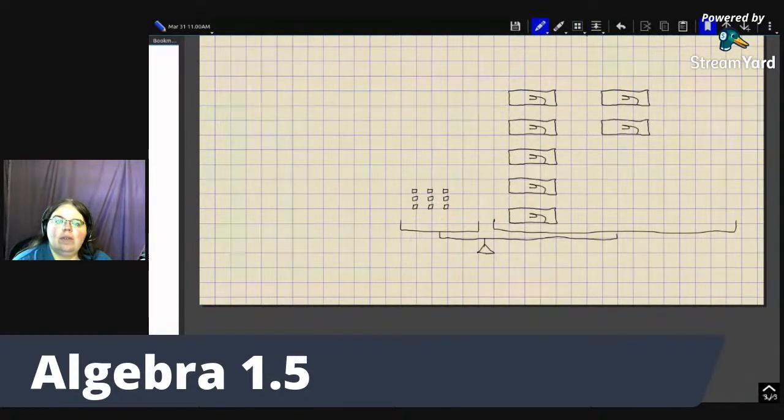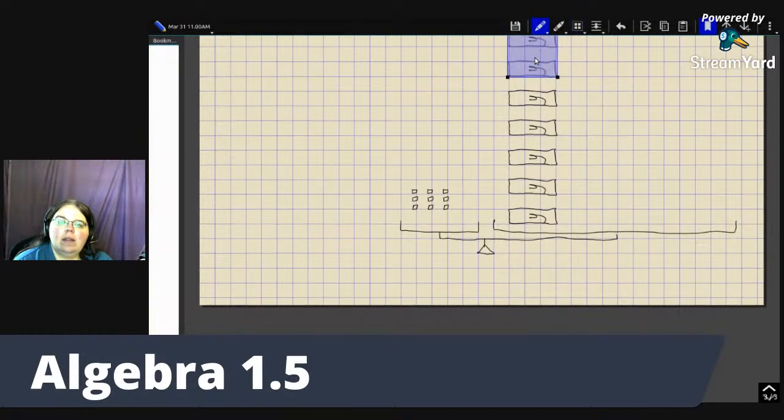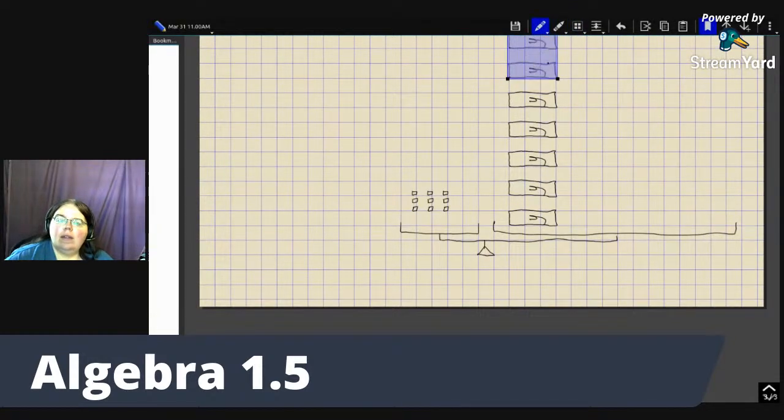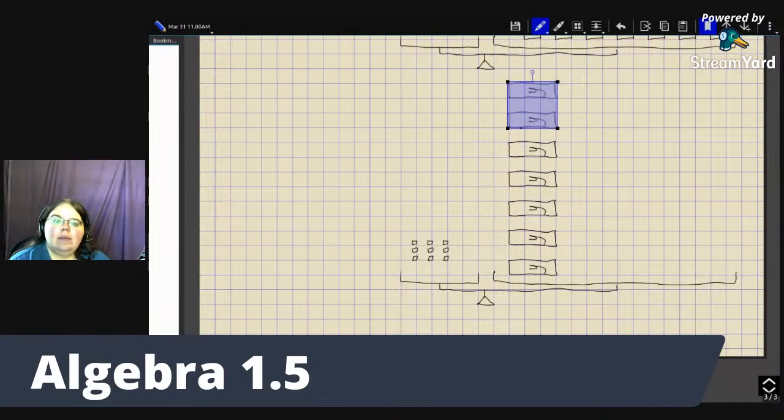Okay, that should do. And what's each of these balancing against? Well, we can spread these out and say, okay, that's balancing 1, and that's balancing 1, and that's balancing 1, and so on.